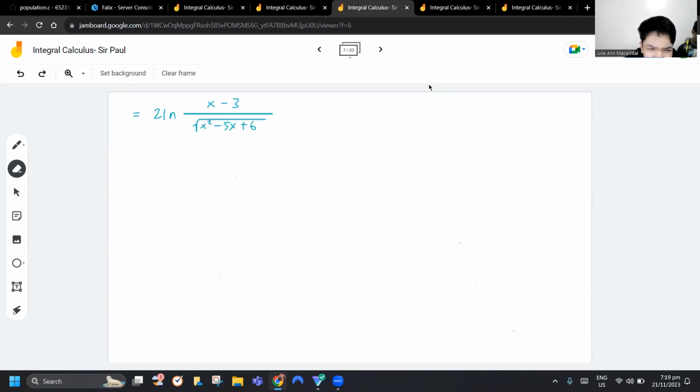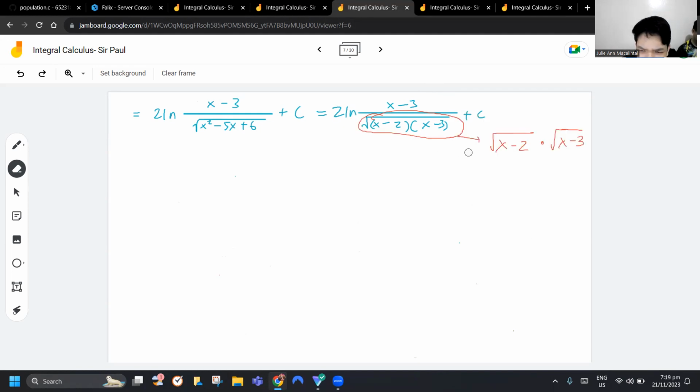We can actually simplify this further by using the properties of the natural logarithm. Since x squared minus 5x plus 6 is not a perfect square, it cannot be square rooted, but it can be factored. We can use this to separate the entire fraction.